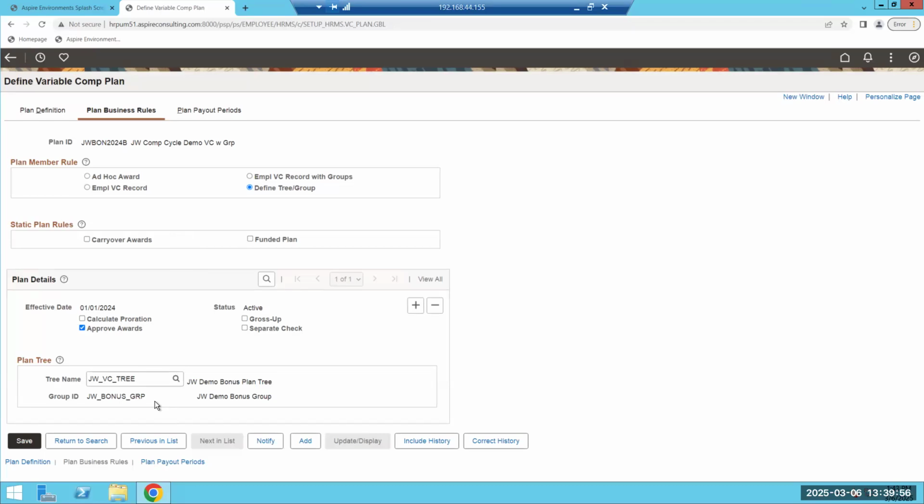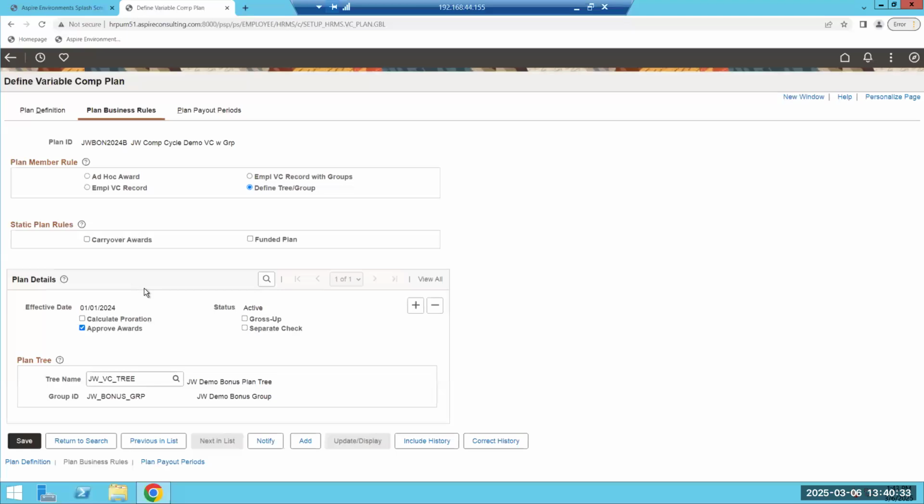Again, I specifically did a subset of the overall population so that we could see that if someone is in the comp cycle population, but they're not in the variable comp population, they will show up as just being excluded from getting a bonus. So basically, we set up our variable comp plan. This gives us the population for the variable comp plan.